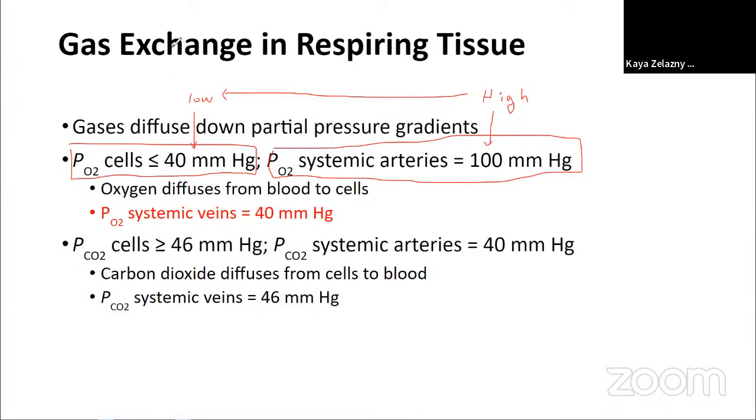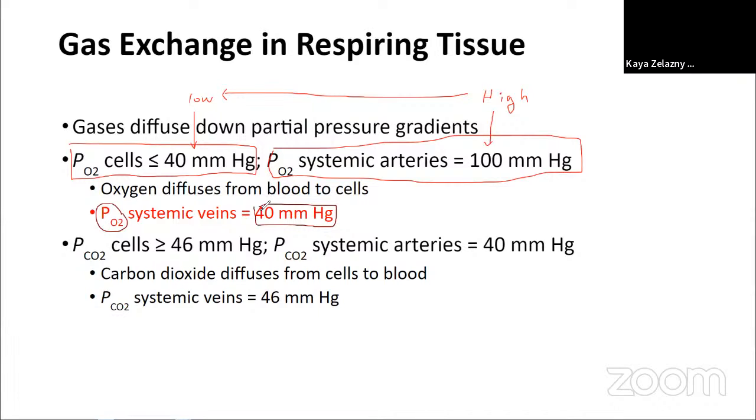This means our blood no longer has quite as much oxygen, so its partial pressure goes down. So we're still thinking about oxygen here. Our partial pressure of oxygen in the systemic veins is 40 millimeters of mercury.